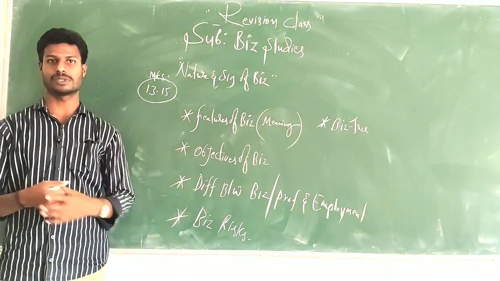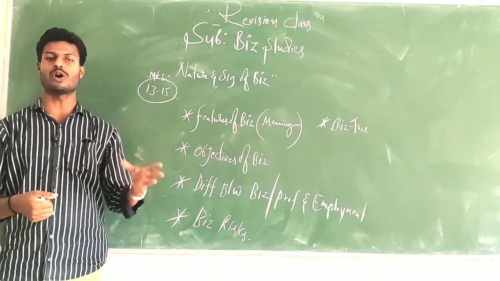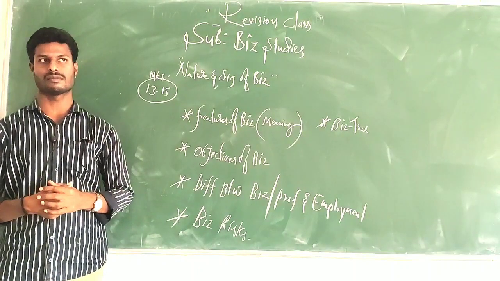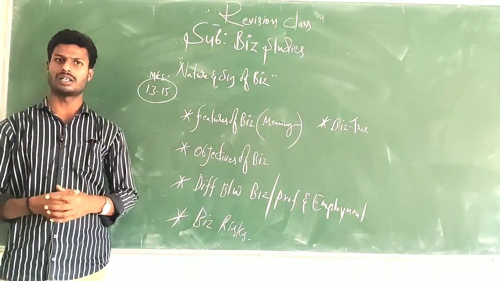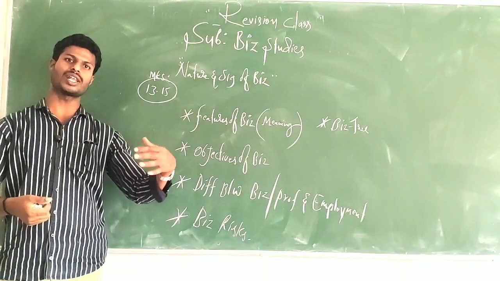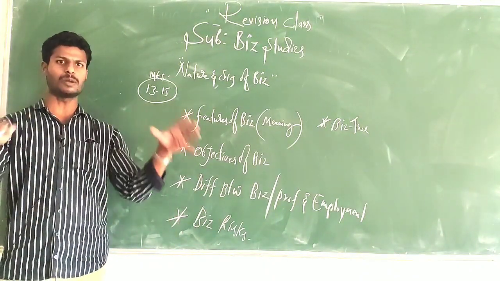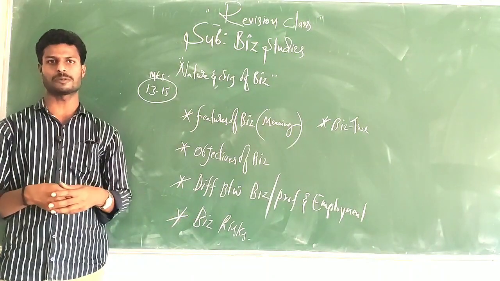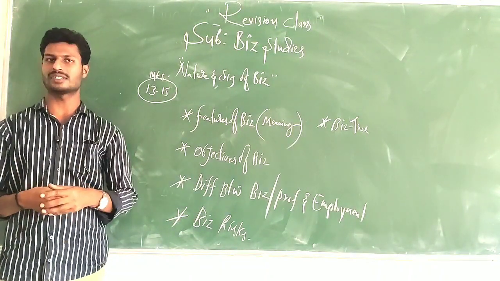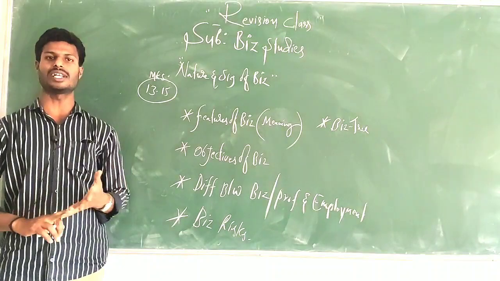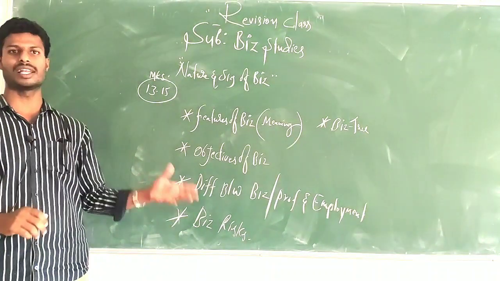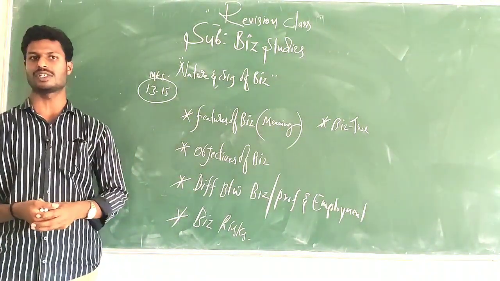Example, causes of business risk: human causes, economic causes and natural causes. And do remember the risks to the business come from the internal environment as well as the external environment. Internal environment means problems to the organization from internal people and internal management. From outside means problems to the business organization from the political, technological, social, cultural and legal environment.